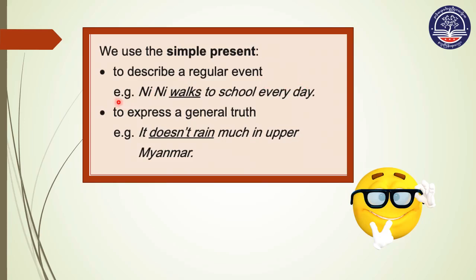It's a regular thing that she does every day. And also to express a general truth, something that always happens, something that is always true. For example, it doesn't rain much in Upper Myanmar. So it doesn't rain is the simple present tense, and it expresses the truth because in Upper Myanmar, it doesn't rain much. So that's how we use the simple present, okay?